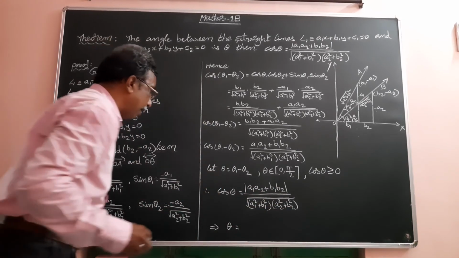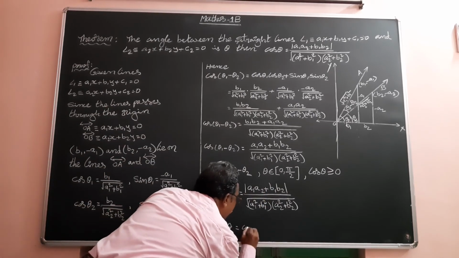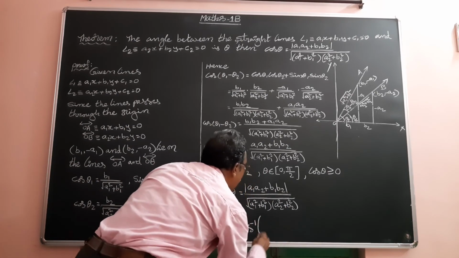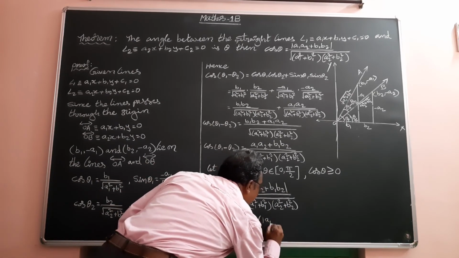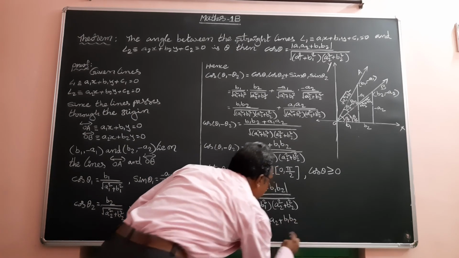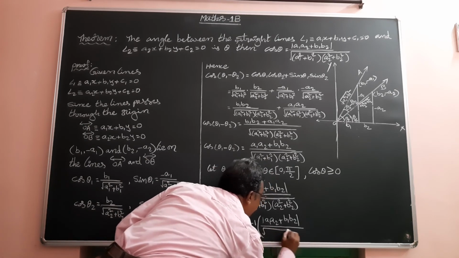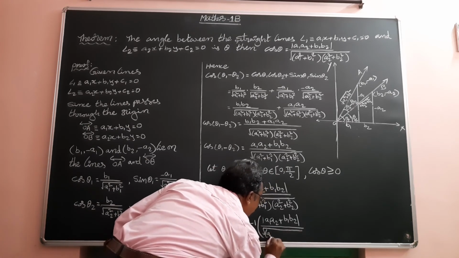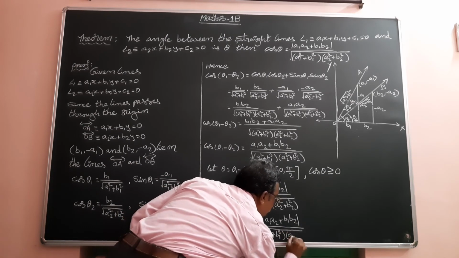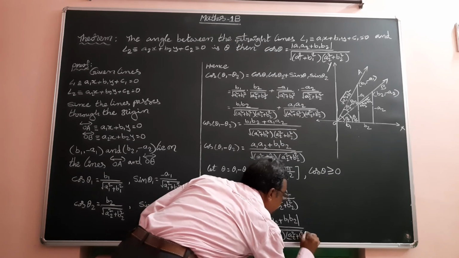Now we write theta equals cos inverse of modulus of a1 a2 plus b1 b2 by root of a1 square plus b1 square into a2 square plus b2 square.